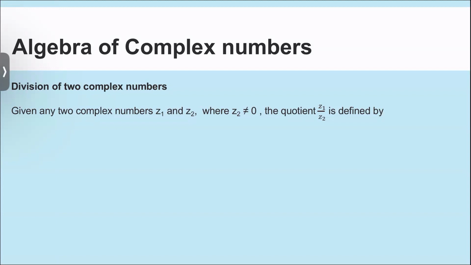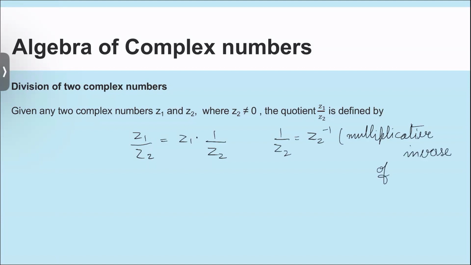If you have Z1 and Z2, we can write this as Z1 multiplied by 1 upon Z2. Remember that 1 upon Z2 becomes Z2 inverse, which is the multiplicative inverse. We do this because it becomes easy for us to simplify and solve when we divide a complex number by another complex number.